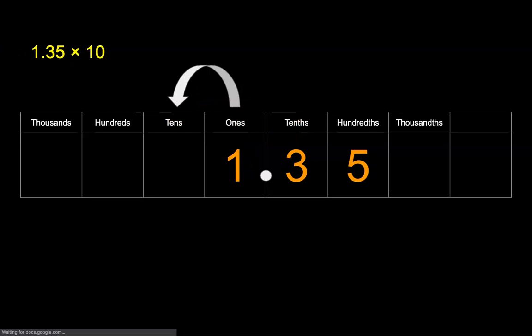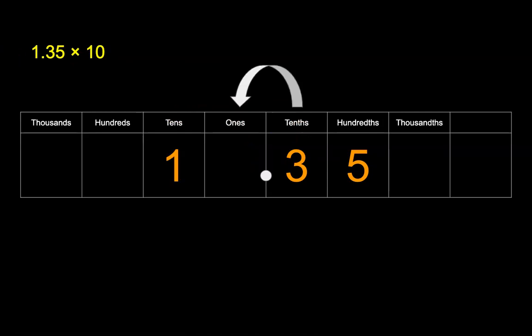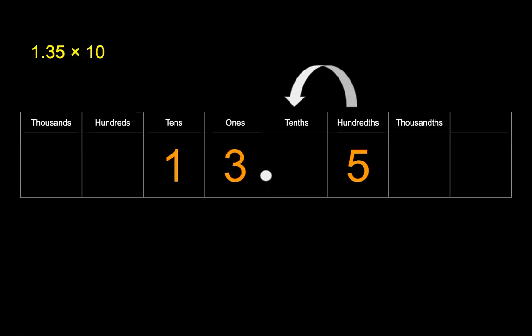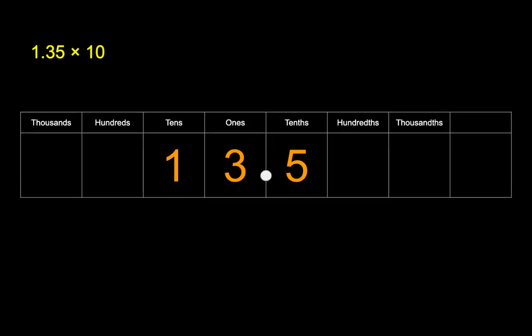So here we go. 1 goes first. 3/10 jumps over the decimal point and becomes 3 ones. 5/100 jumps to the left and becomes 5/10. And we have 13.5. That's with the grid. That's without the grid.